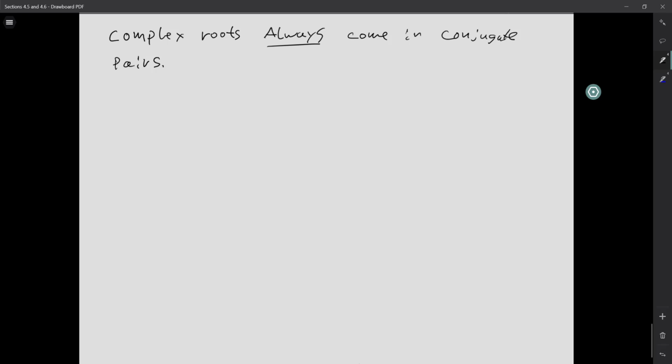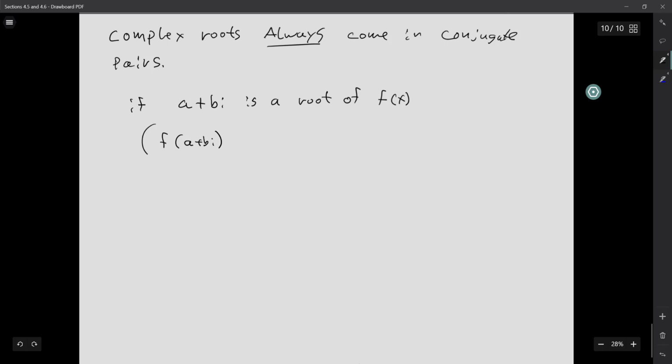Now what a conjugate pair means is you've got a plus version and a minus version. So if a plus bi is a root of f of x, meaning f of a plus bi is equal to 0, then so is a minus bi.